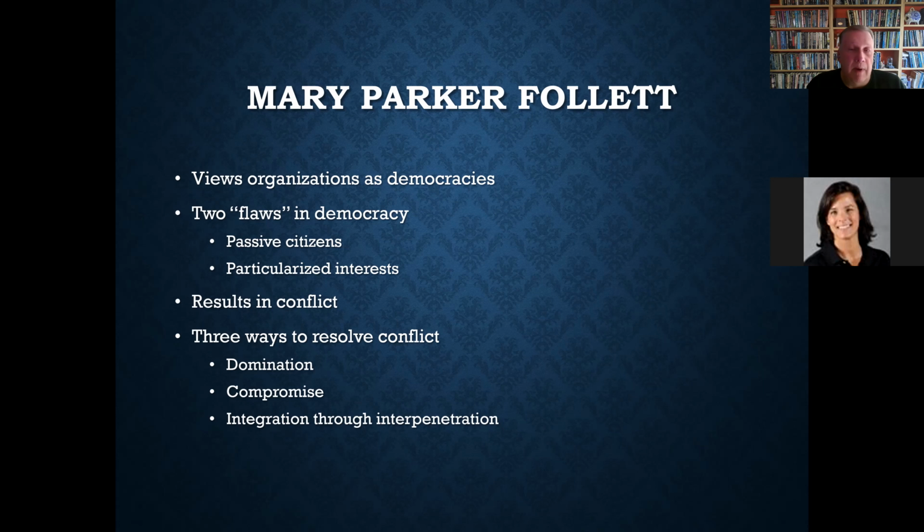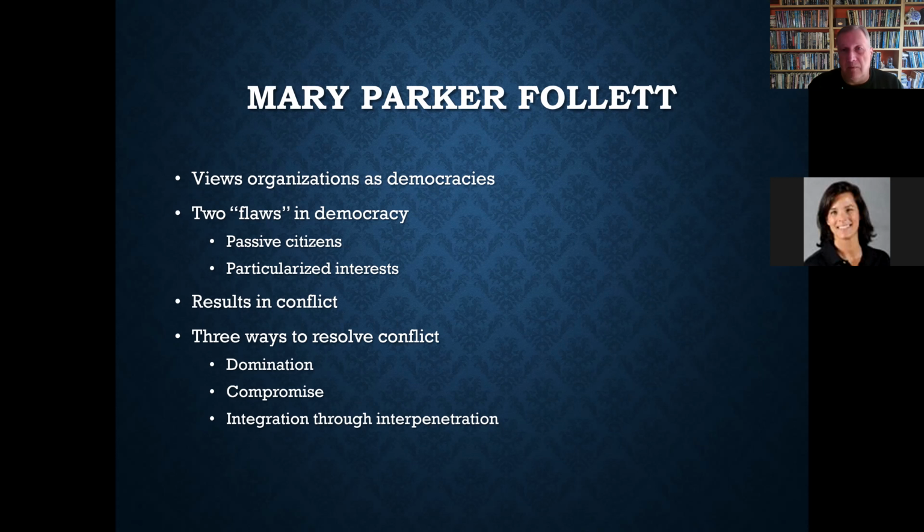So the second problem with democracy is the one that James Madison talked to us about and that you wrote about in Federalist number 10, and that is the existence of factions. Madison said, when you have a democracy, you're going to have factions. Factions are particularized interests. So you're going to have groups that have their own particularized things they're trying to achieve.